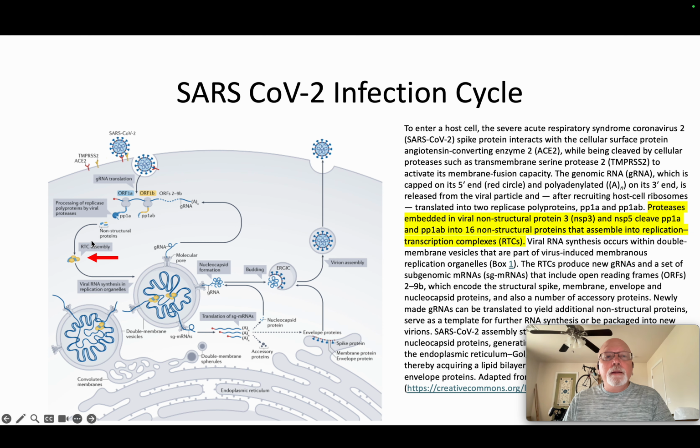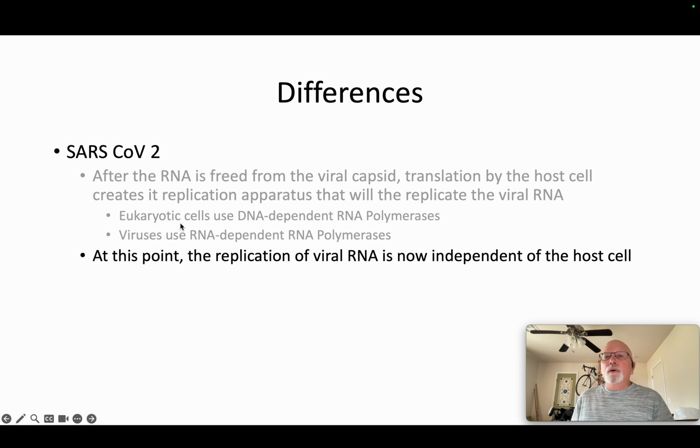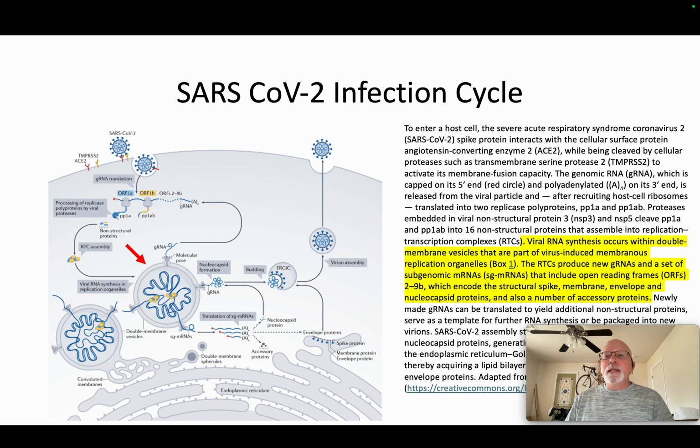Once that's made, it can then take this viral RNA and make copies of it. It makes copies of that RNA independent of any of the machinery of the host eukaryotic cell. Those copies are then used to begin putting together new versions of the virus. So you make copies of the viral RNA.